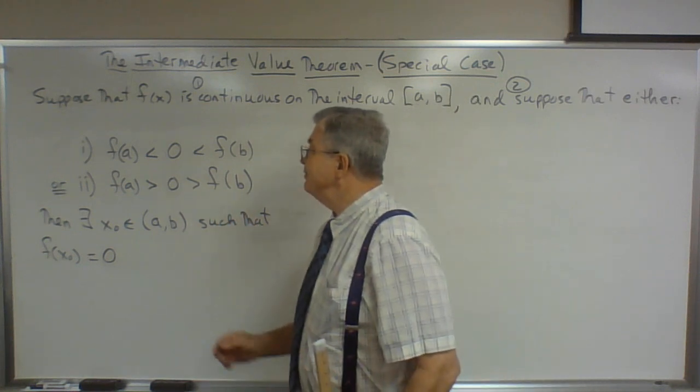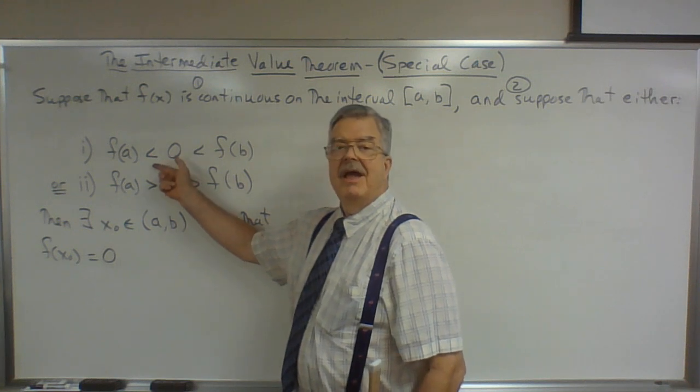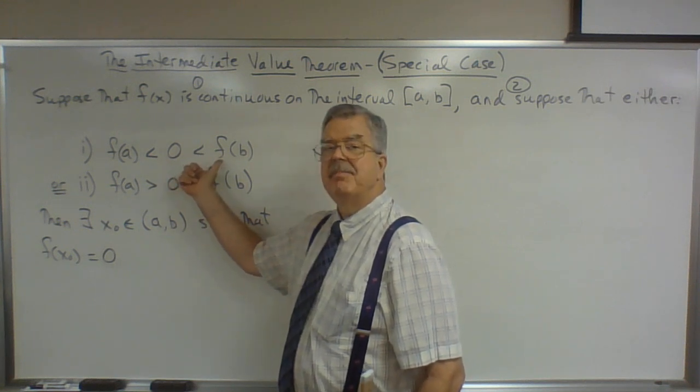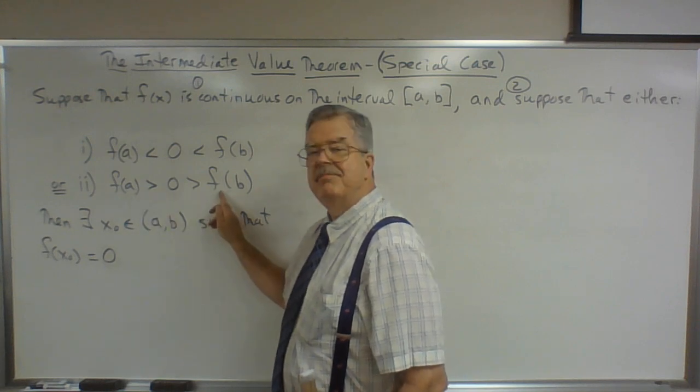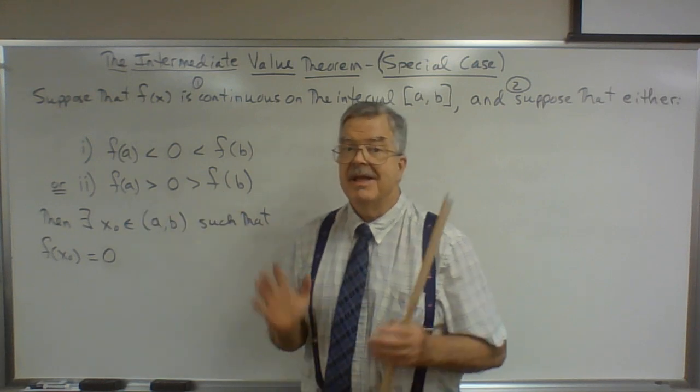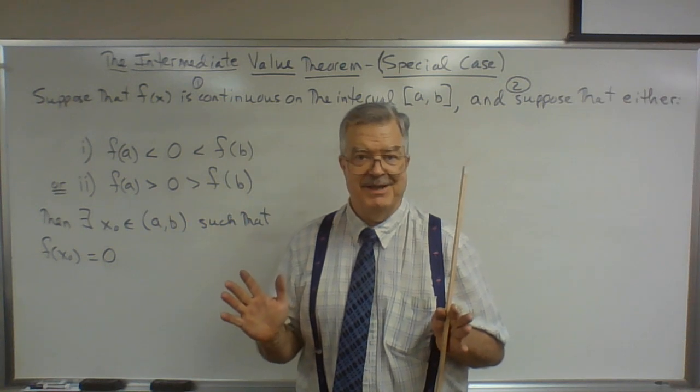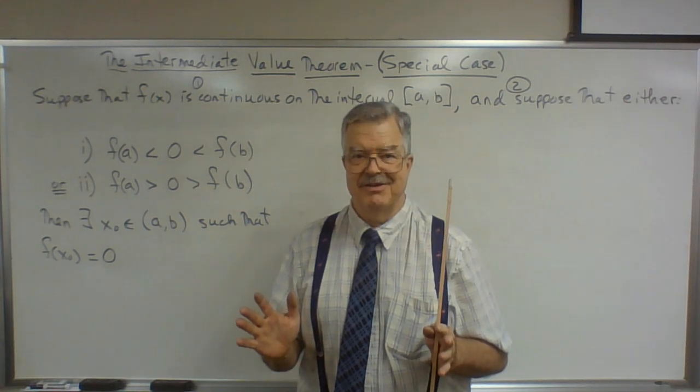In other words, f of a is negative and f of b is positive, or f of a is positive and f of b is negative. f of a and f of b are of opposite sign.